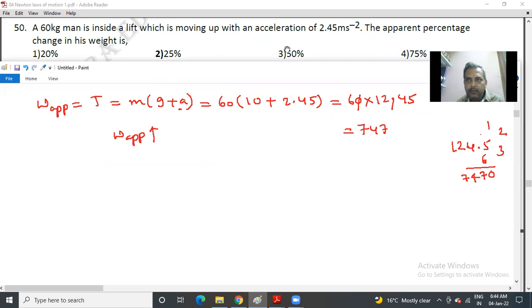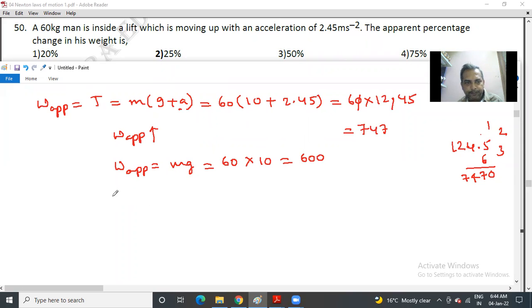Now the apparent percentage change. When the lift is stationary, this will be mg only. Now m is 60 kg and g is 10. It will be 600.